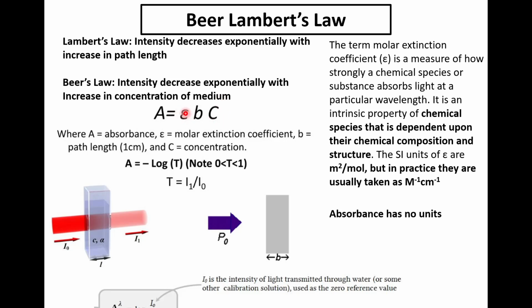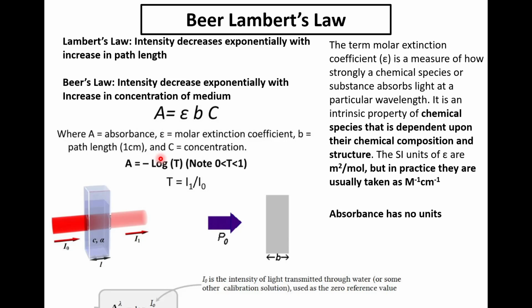If you take the concentration and path length to the other side, the unit of epsilon will be molar inverse, centimeter inverse. So the unit of your molar extinction coefficient is molar inverse centimeter inverse, and absorbance has no units.